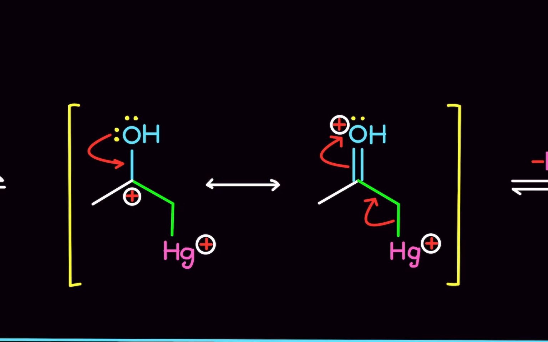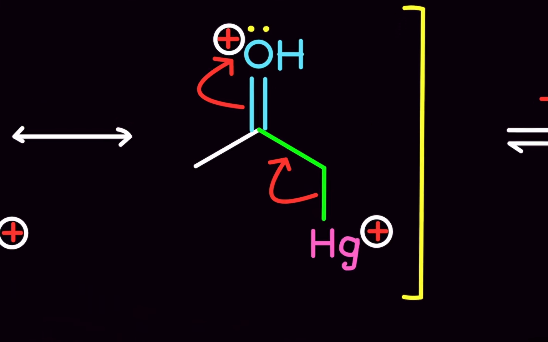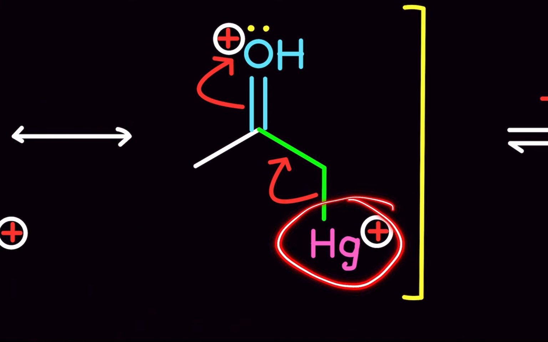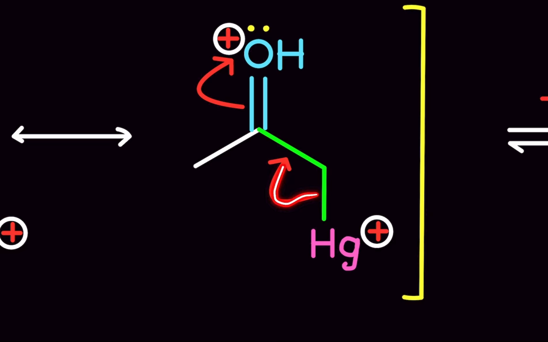Now what's going to happen is that mercury ion sees it has the ability to leave. It has the opportunity to leave, so it will do so. This bond will go away and turn into a double bond.